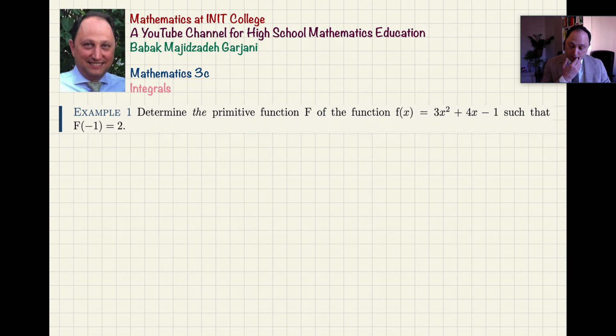Okay, so determine the primitive function capital F of the function f of x equals 3x squared plus 4x minus 1, such that capital F calculated at minus 1 equals 2.